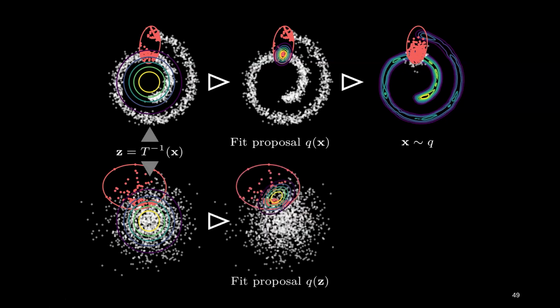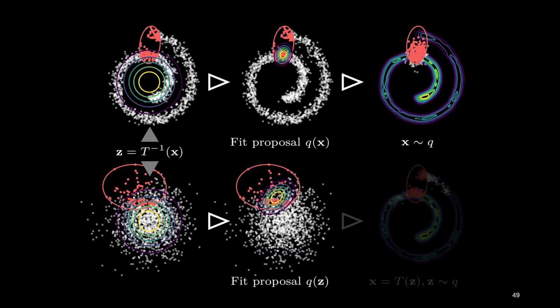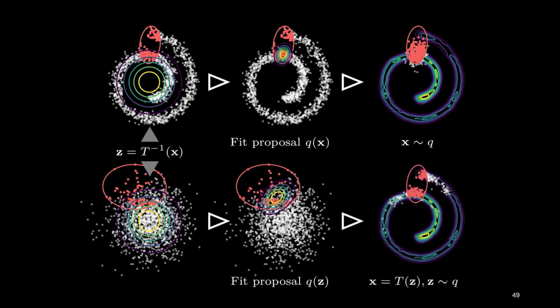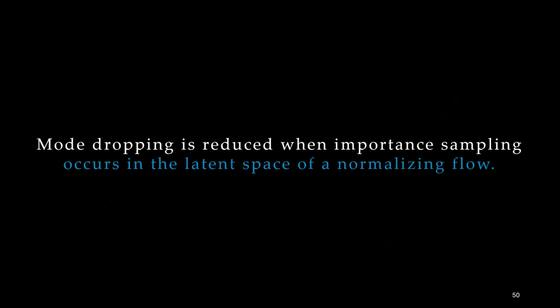And what we found empirically at first was that if we then fit a proposal distribution in this latent space and then map those samples back to our data space, we end up with samples that recover our failure modes with more fidelity, and they also have greater respect for the actual underlying distribution. So we're not putting so many samples in this region of low likelihood right here. And so the main hypothesis for this work is that mode dropping will be reduced when importance sampling occurs in the latent space of a normalizing flow.